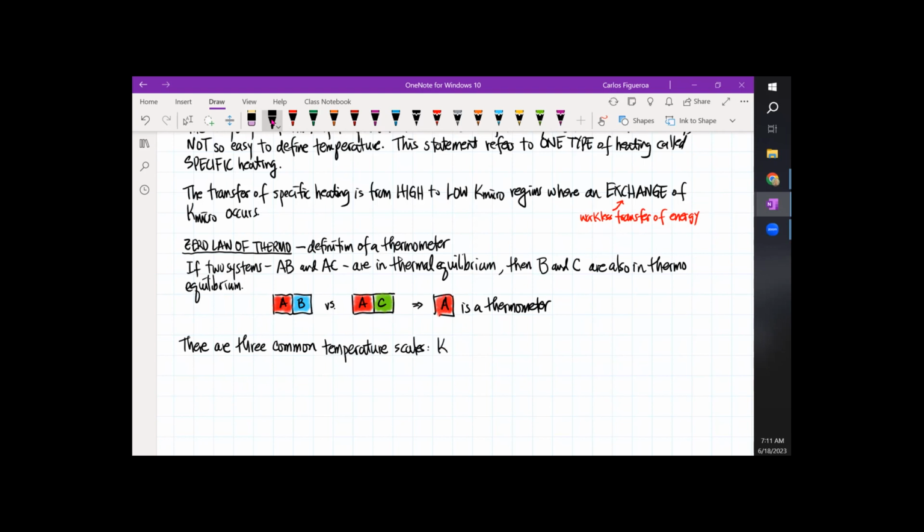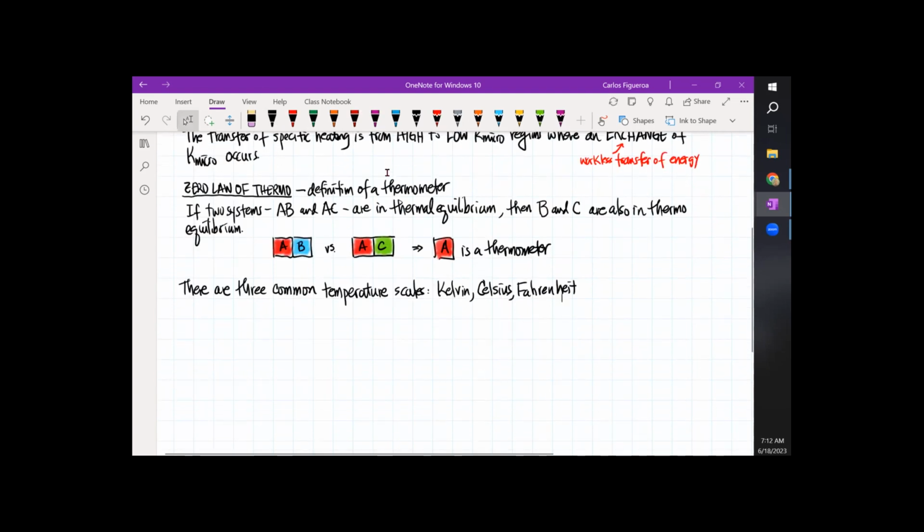And they're Kelvin, Celsius, and Fahrenheit. I believe this is spelled Fahrenheit. I should have been a little bit more careful.